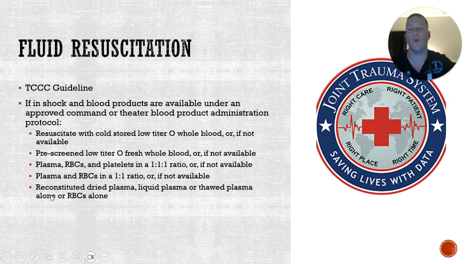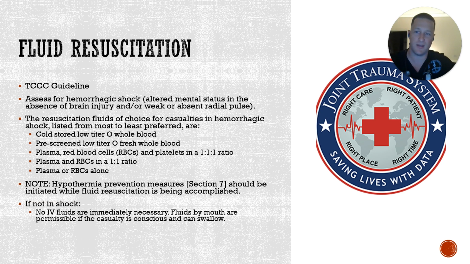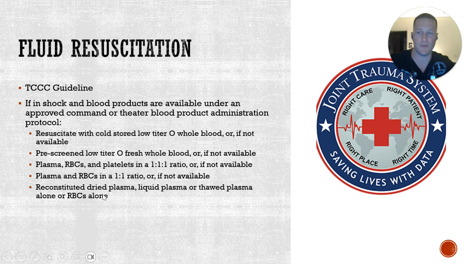Or they throw in this one, which they didn't have in the first one, which I can't understand why: reconstituted dried plasma, liquid plasma, or thawed plasma, or RBCs alone. I guess they sort of say it like before, plasma or RBCs alone, but they go further and say reconstituted plasma. Freeze-dried plasma is something we have available in some theaters, so you can give that if you don't have anything else.